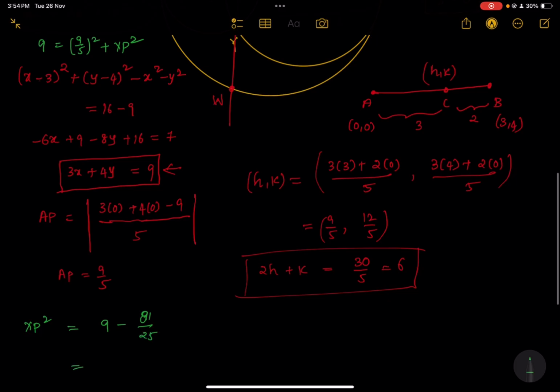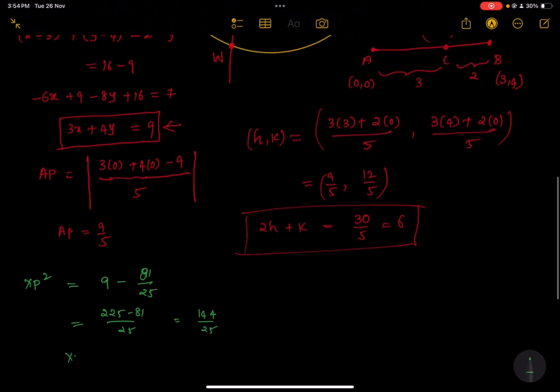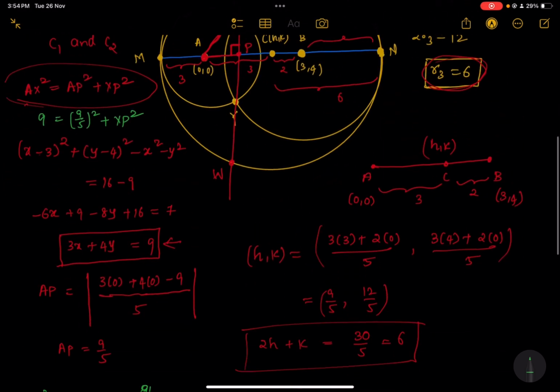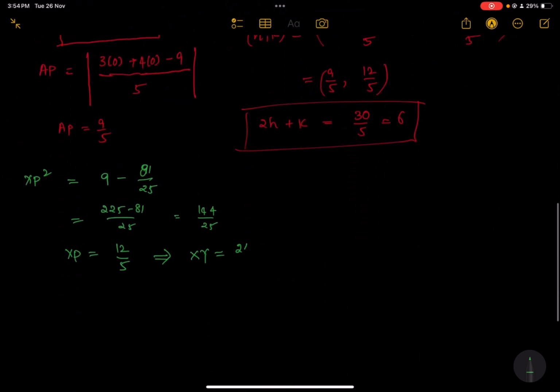This is 225 minus 81 by 25, which is 144 by 25. So therefore XP is equal to 12 by 5. This implies XY is just double of XP. XY is 24 by 5. This is because of symmetry.